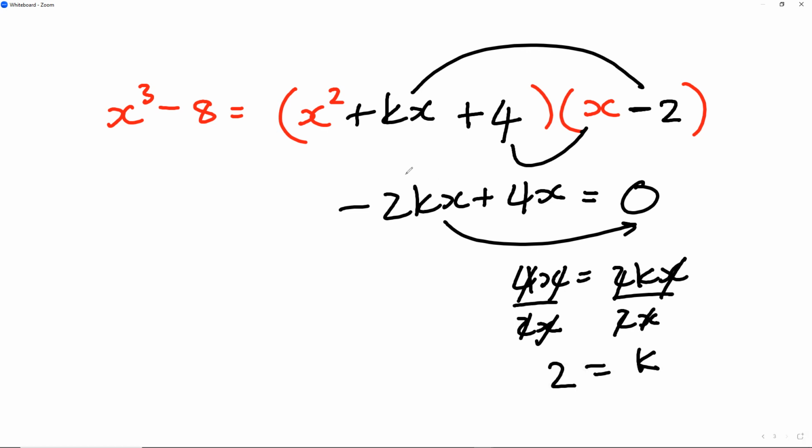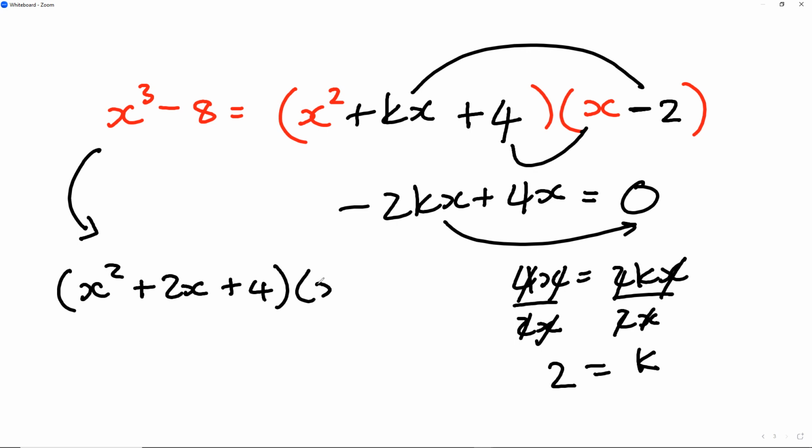So that means I can write this in its initial factorized form as x plus 2x plus 4 times x minus 2, and it should work out. Now we can double check it for the x squared term. Does the x squared term also become 0x squared when we multiply it out?